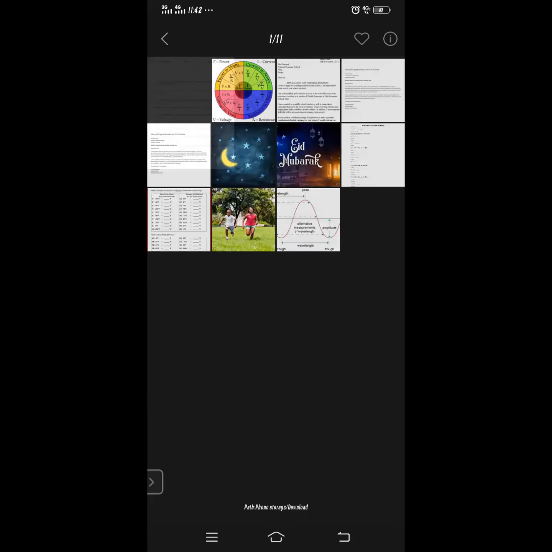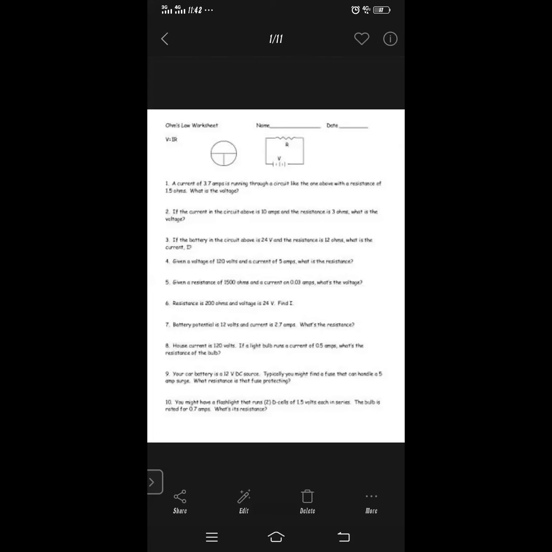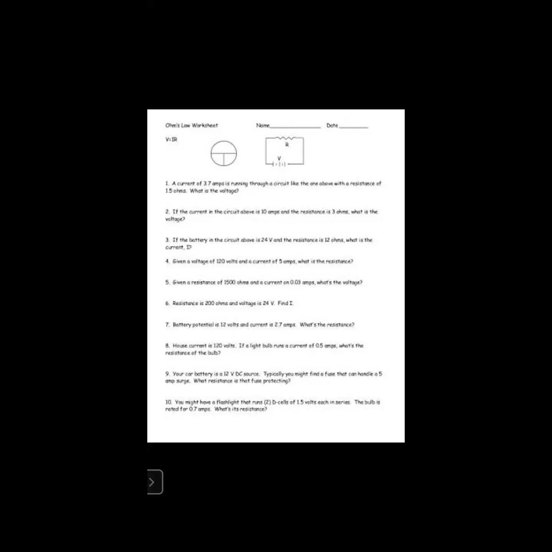I'm going to read out the first question to you, and we're going to solve together. A current of 3.7 amps is running through a circuit like the one above with a resistance of 1.5 ohms.